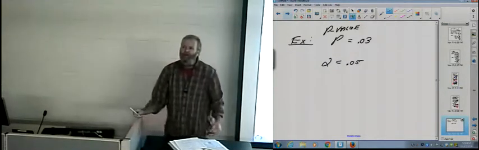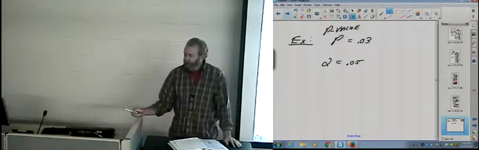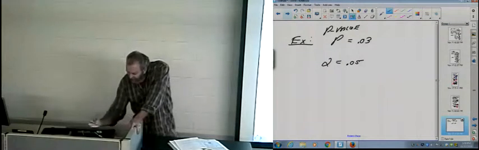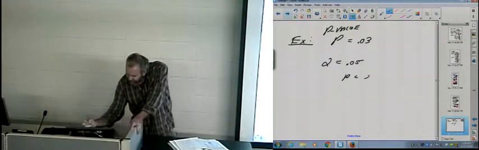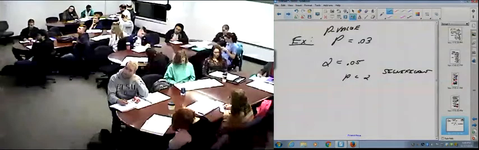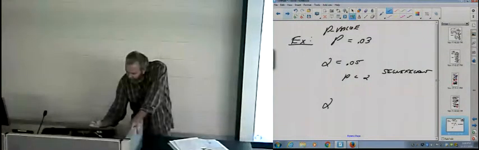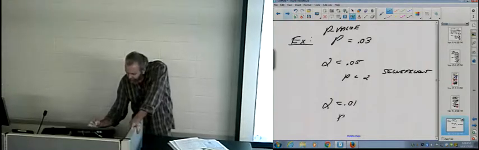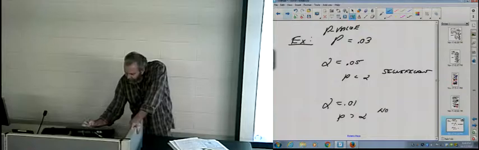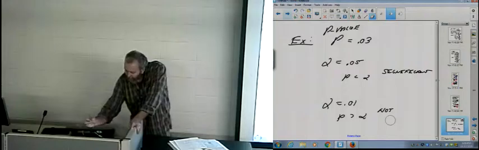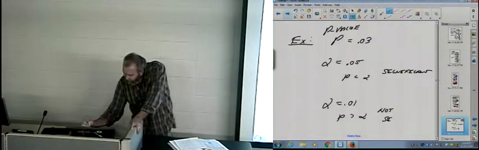Are the data significant? Well, if your p-value is 0.03 and the significance level is 0.05, your p is less than your alpha, so the data are significant at this level. What if I change your significance level to 0.01? Are they significant there? No. Your P is bigger than alpha. Not significant. So you always have to tell everybody what you are comparing to. What was your significance level?